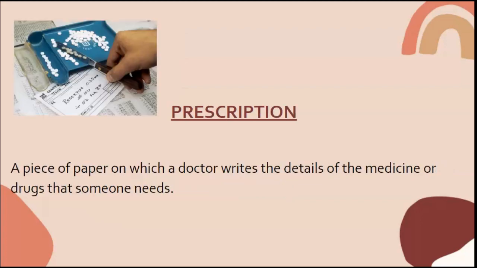But in English, we speak about prescription when we refer to the piece of paper that the doctor gives us with all the notes about the medicine that we need to take and maybe how much of that medicine, how often we need to take it. All those instructions are written in a prescription, on a prescription, right? So if you pay attention, you realize that there are two different words to refer to these two different objects.